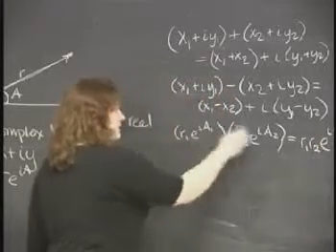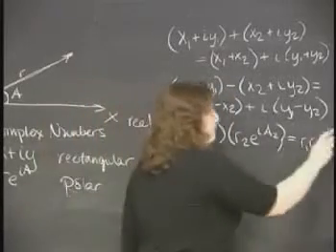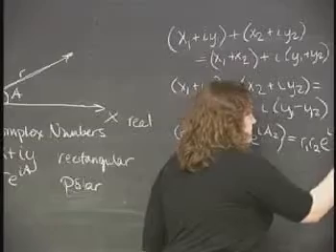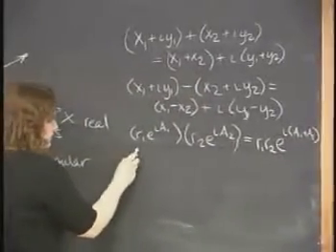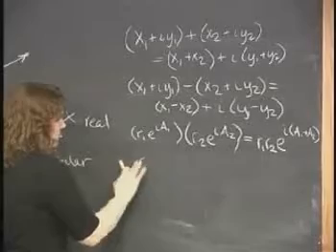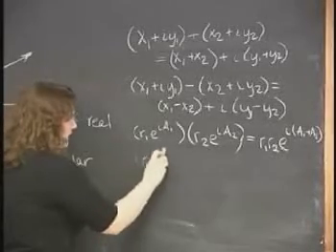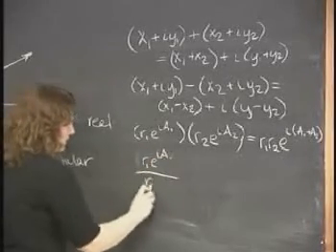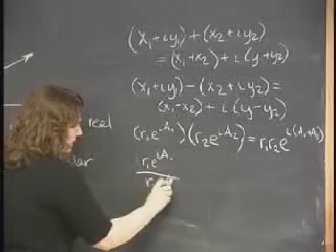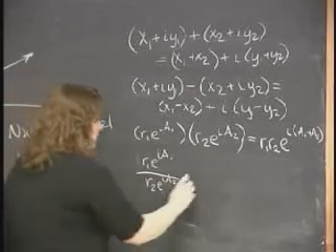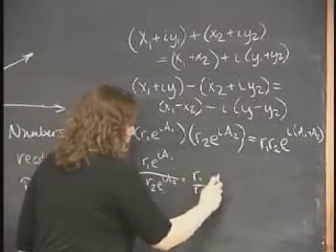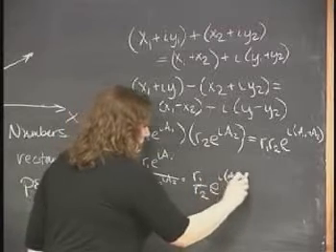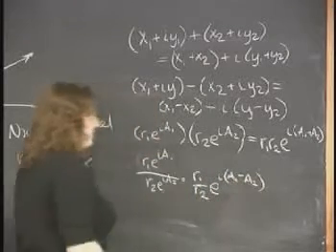What are we going to do to these angles? Add them. a1 plus a2. Finally, division. r1 e to the i a1 over r2 e to the i a2 is going to be equal to r1 over r2 e to the i times a1 minus a2.